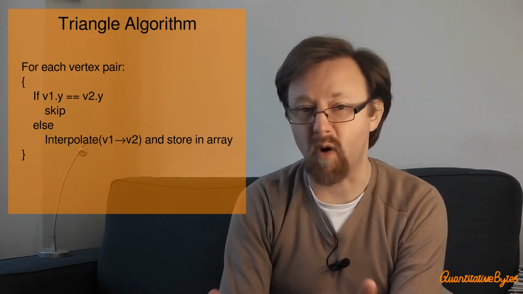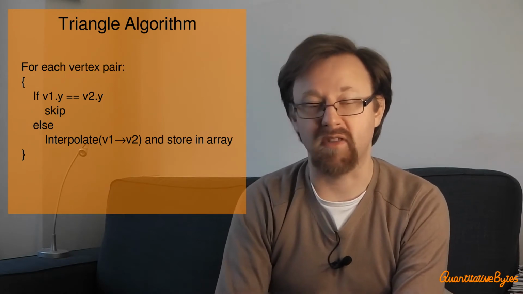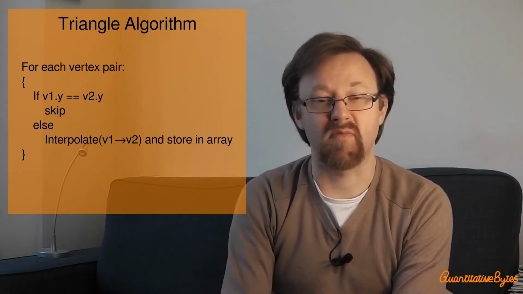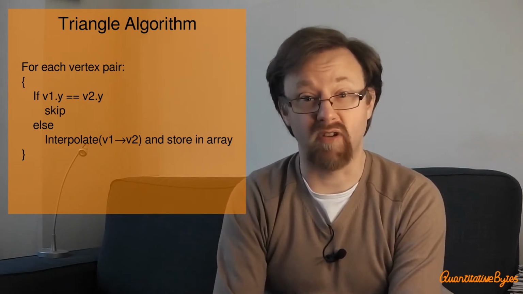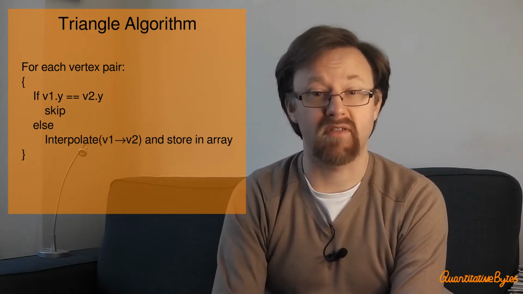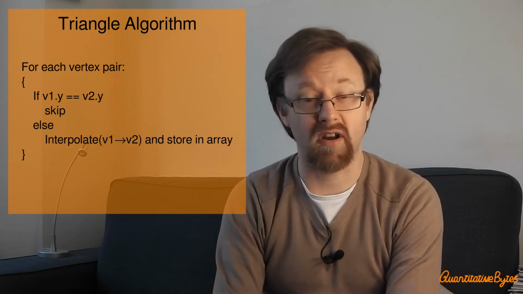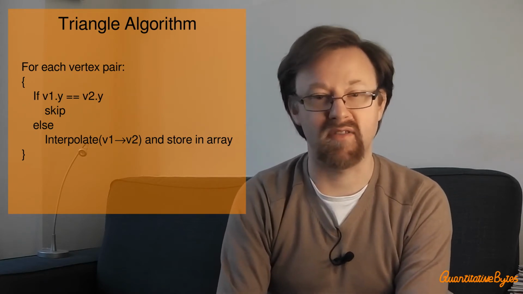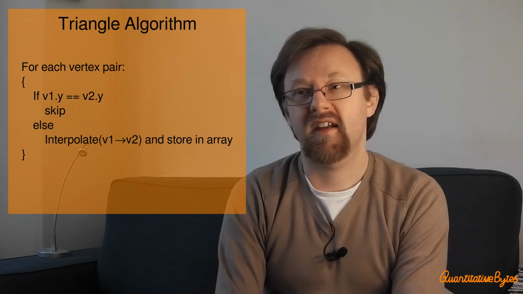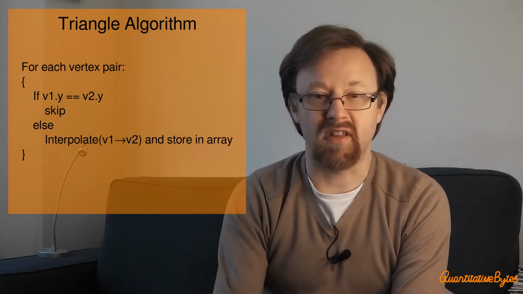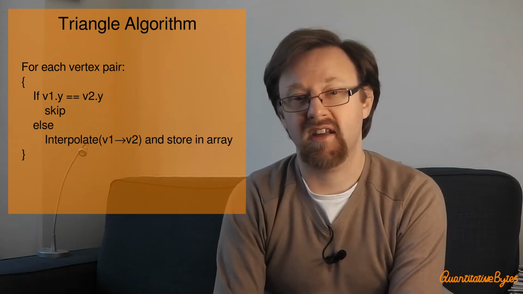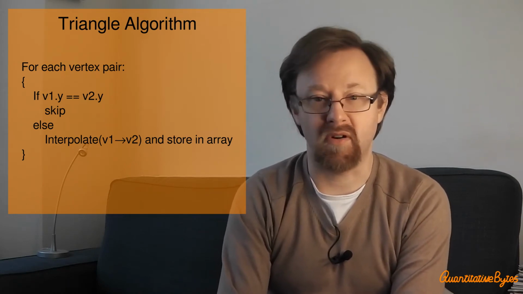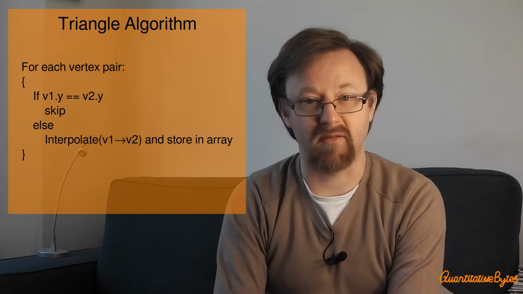So we end up with one array that contains all of the interpolated points corresponding to the edges of our triangle, except of course in cases where the edge was perfectly horizontal. And we can see that what we need to do then to implement our triangle drawing algorithm is to find each pair of points with equal y values from that array.